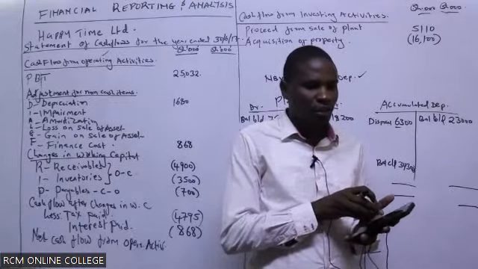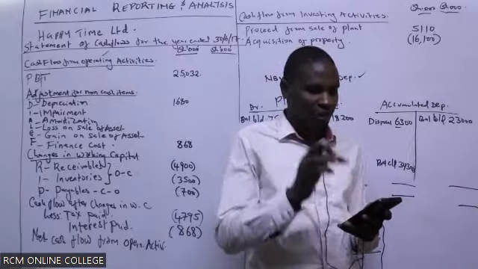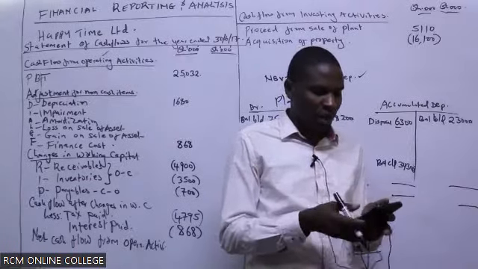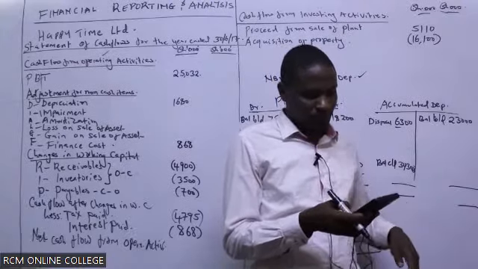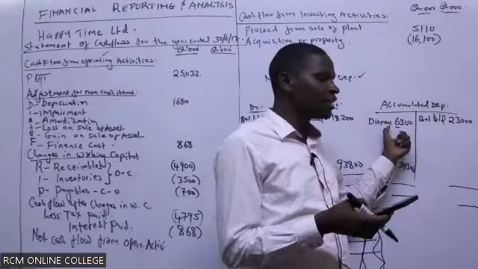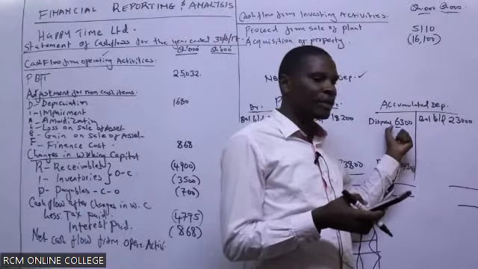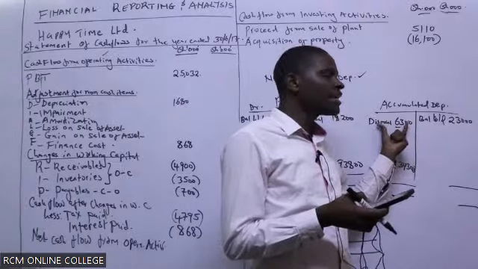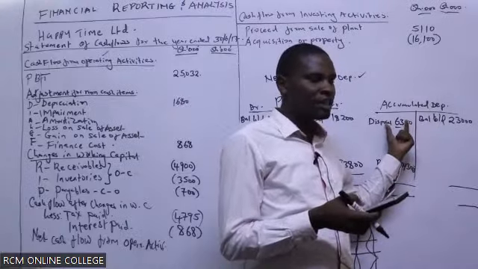Whatever we are bringing under this current accumulated depreciation account is the accumulated depreciation of the plant.